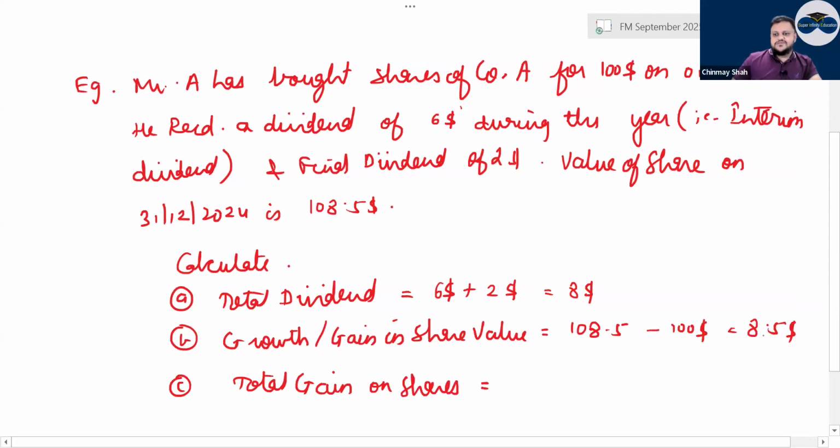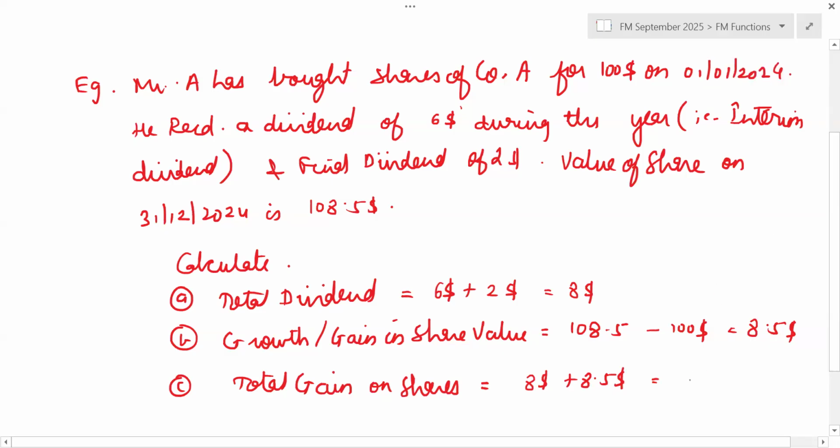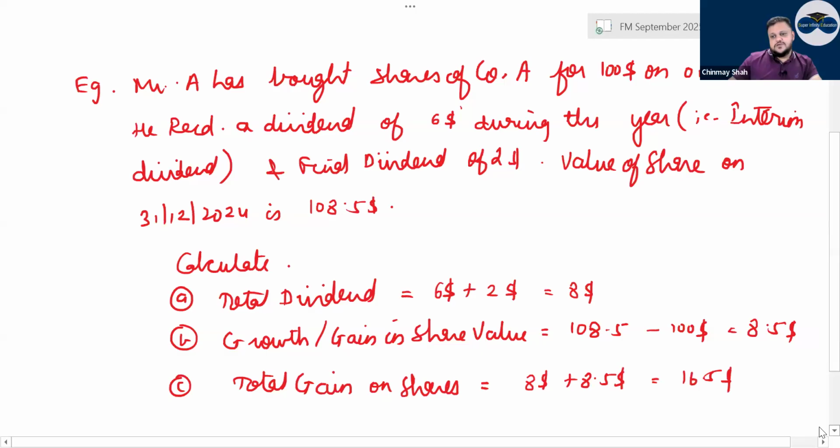Therefore, if I ask you total gain from shareholder or gain on shares, how much is it? $8 dividend plus $8.5 what? So how much is the total gain? $8 plus $8.5. How much is the total gain? 16.5. $16.5.